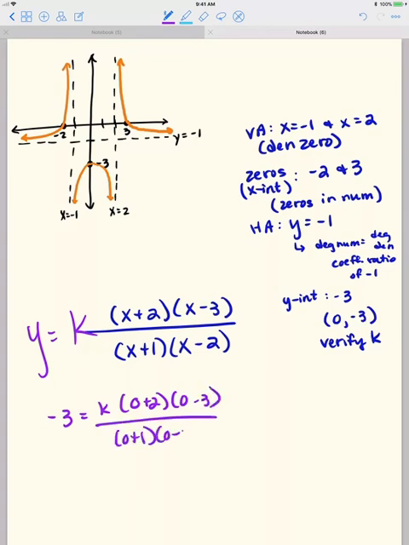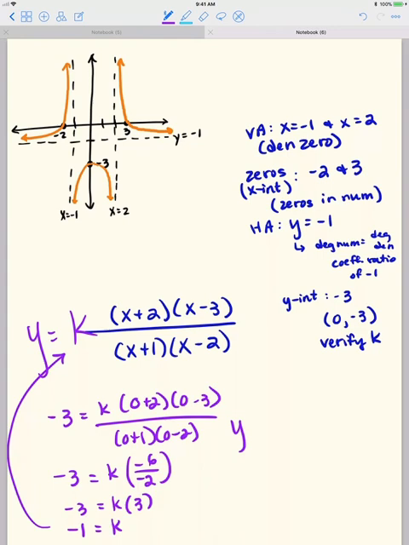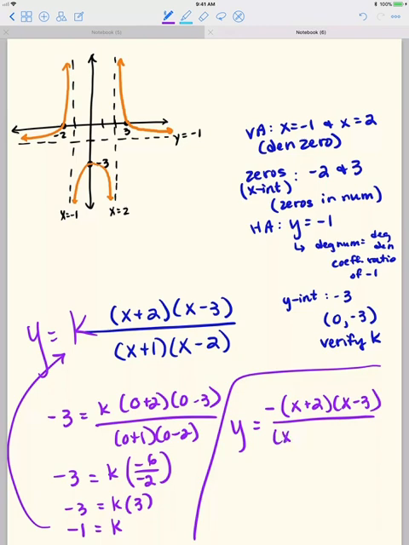So go through and find what k should be. So the top is -6, the bottom is -2. That would be +3. So here we have another example where k is -1. So our final formula, possible rational function equation, is going to have a negative out front on the x plus 2, x minus 3, and x plus 1, x minus 2 quantities.